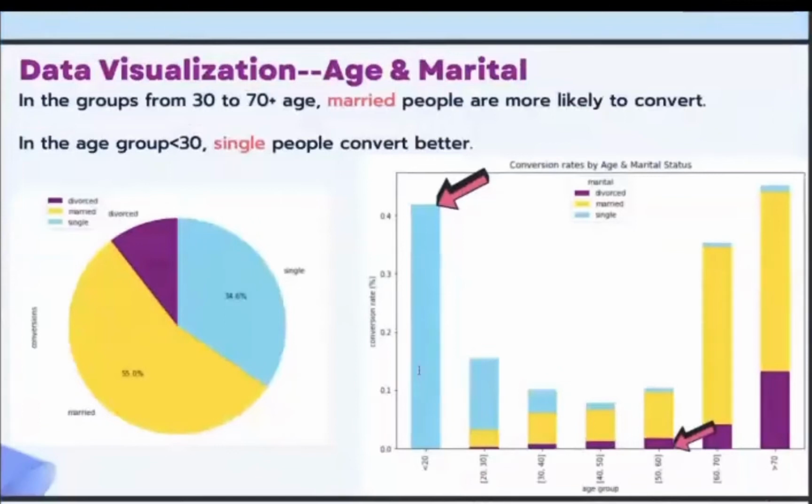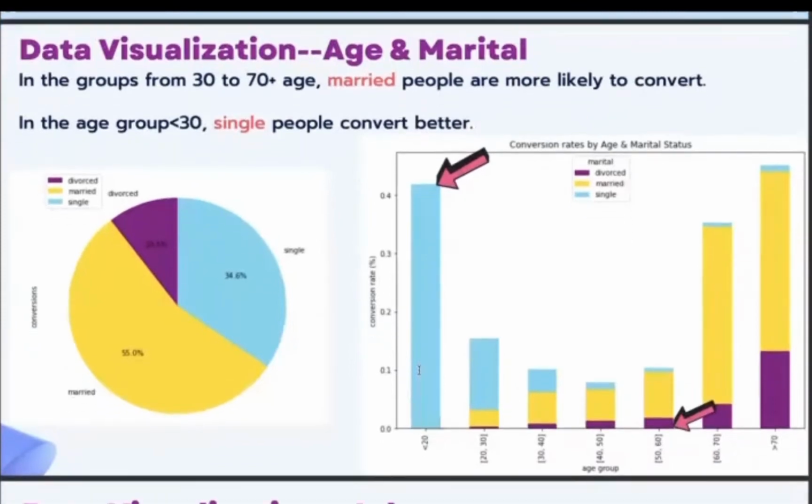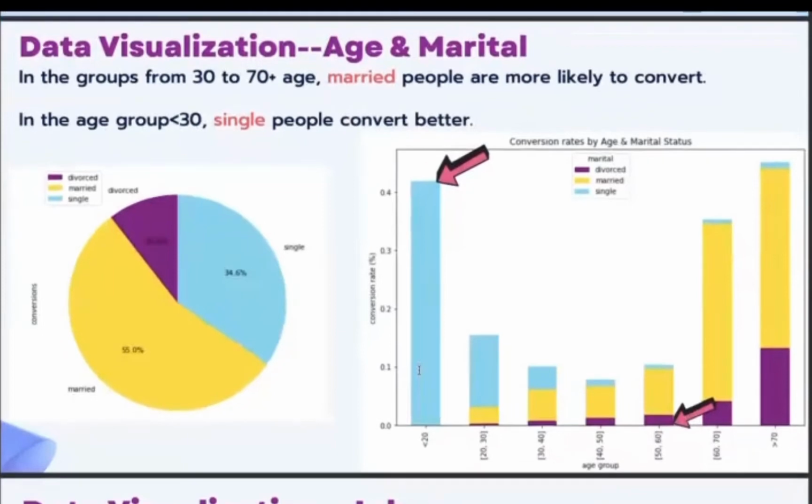In the visualization part, instead of using the number of people, I find it's easier to compare the conversion rate. That is, I use the number of yes clients divided by the total number of clients. If you look at the pie chart, we can see that of all the clients, the married people have a higher conversion rate than single and divorced people.